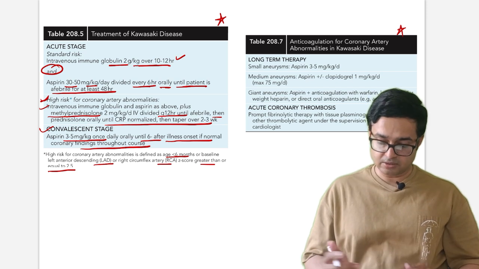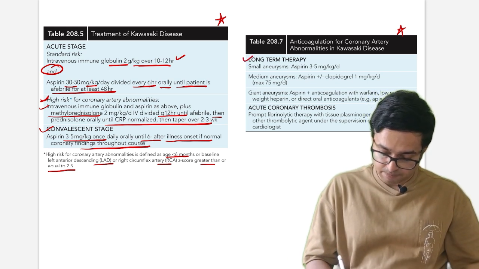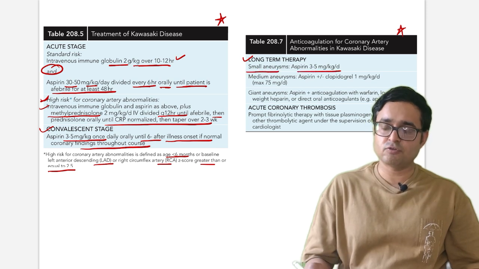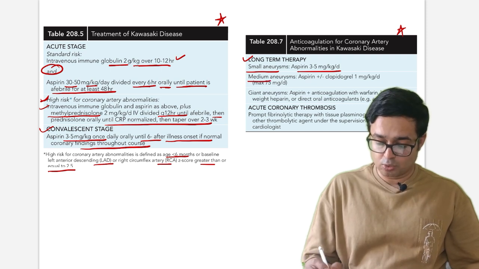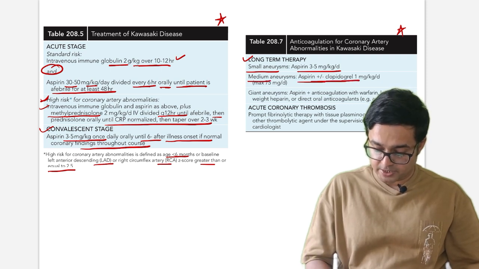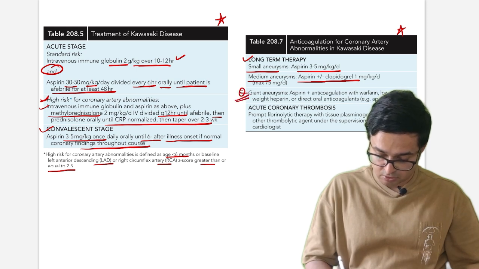This is very important. Anticoagulation therapy. What do we have to do for long-term therapy? If a small aneurysm is there, we can give aspirin 3 to 5 milligram per kg per day. If a medium aneurysm is there, two antiplatelets, aspirin and clopidogrel. What do you have to give if giant aneurysm? This is my question asked.